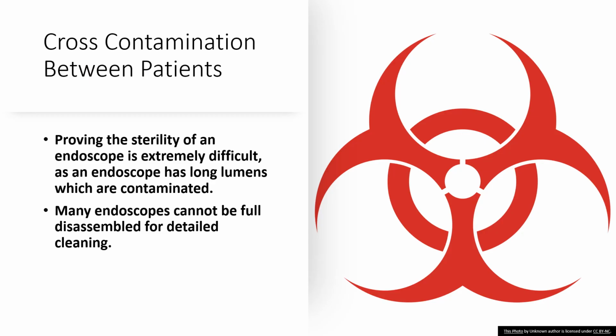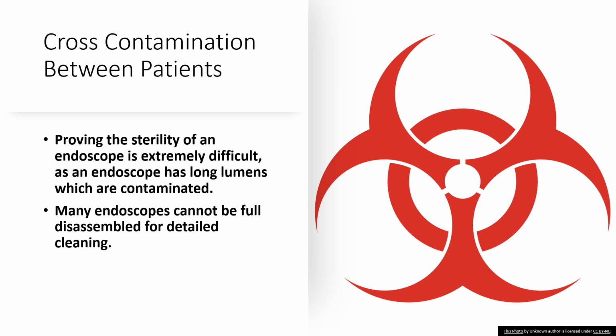Now, one big problem that we do see with endoscopes, especially because endoscopes are a medical device that are reprocessable and they are used between patients, is cross-contamination. So it's really important that we are reducing any cross-contamination between those patients. If an endoscope is used on a patient, it's essential that the endoscope is decontaminated and sterilized thoroughly between patients and before sending it on to the next procedure.